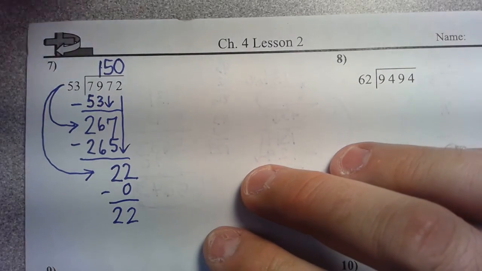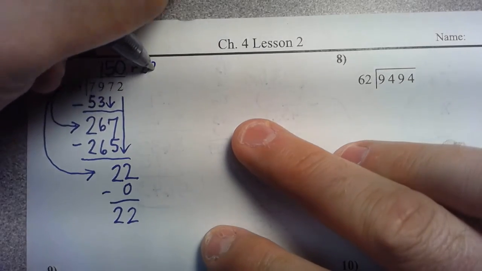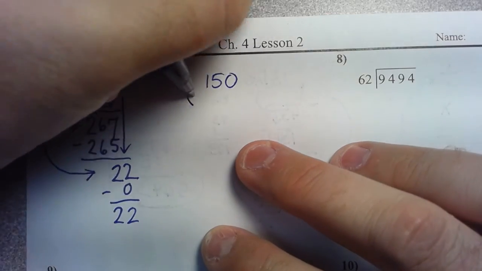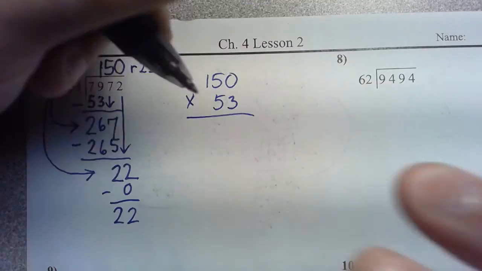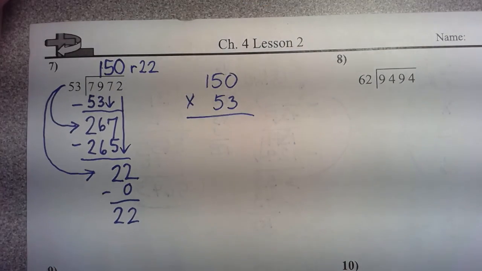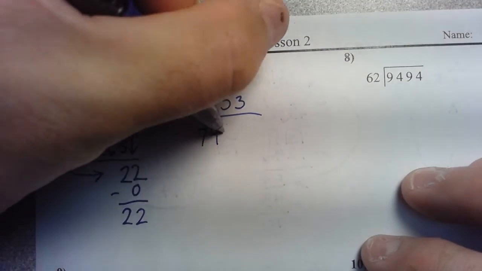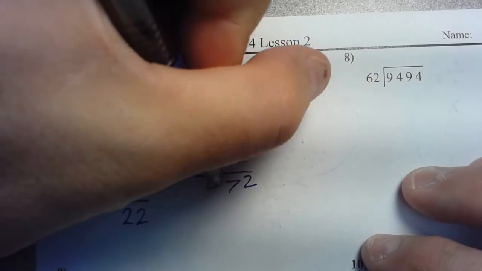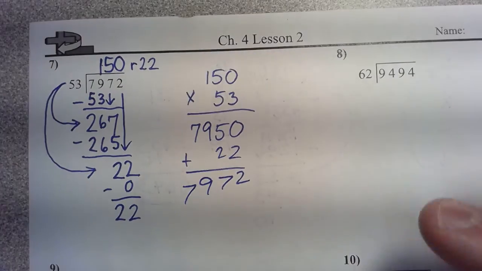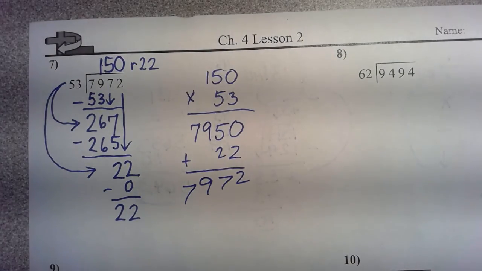Anything else to bring down? Let's check it. 150 times 53. We get 7950, and then we add on 22, and we're going to get 7972. We got it.